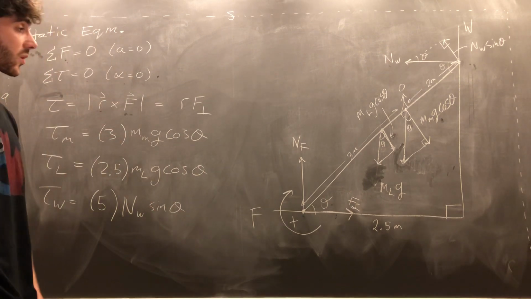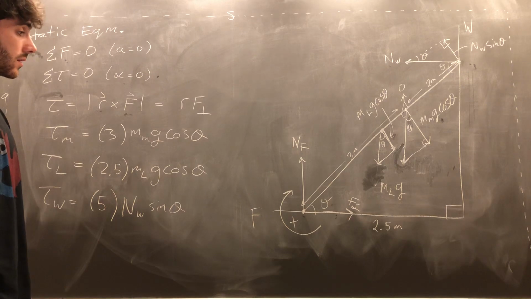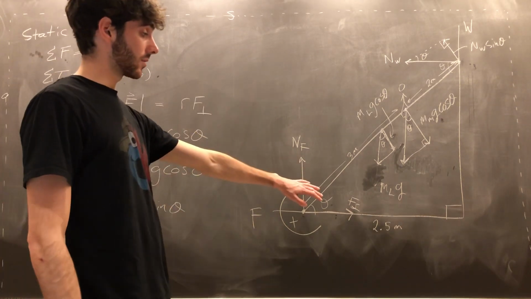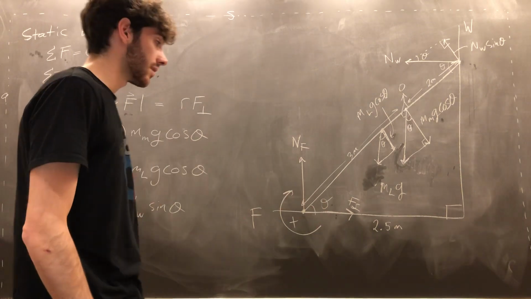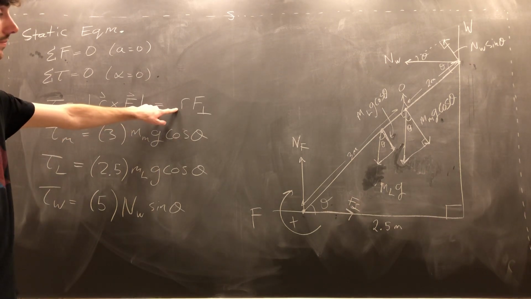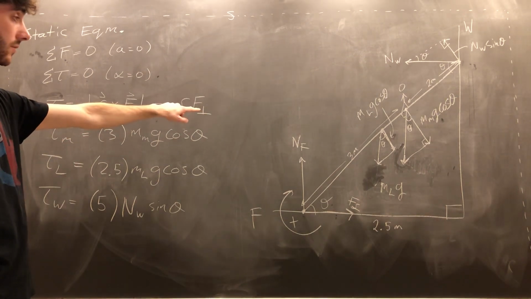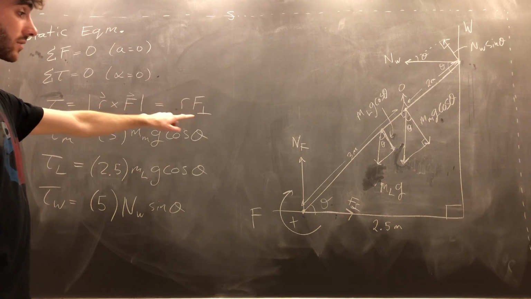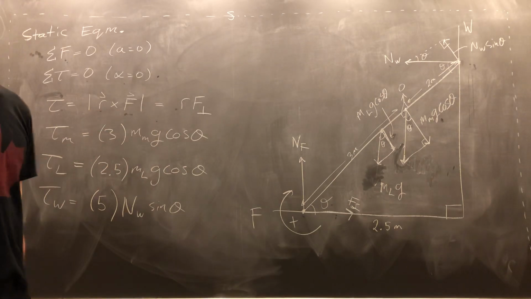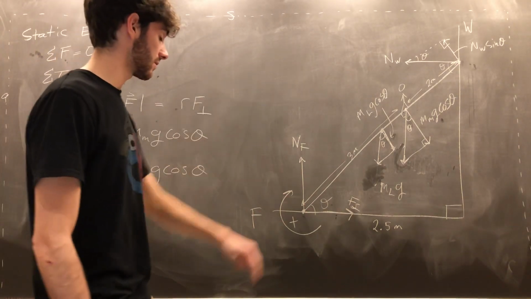But wait, we have 2 more forces to worry about. Sort of, but we'll see that actually these don't apply any torque to the ladder. And one way to see that as well, if our equation for torque is the radial vector times the perpendicular component of the force, the radial vector for n sub f and f sub f is 0. And so there's no torque imparted by these 2 vectors.